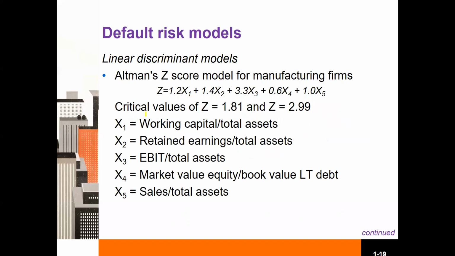Now, the linear discriminant model. While the linear probability model and logit models that we discussed project a value for the expected probability of default if a loan is made, discriminant models divide borrowers into high or low default risk classes contingent on their observed characteristics.